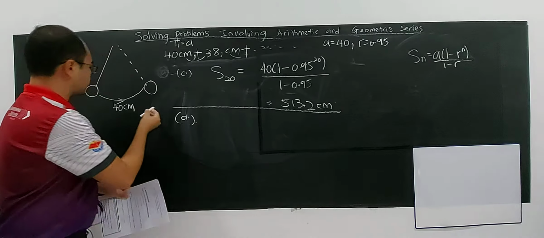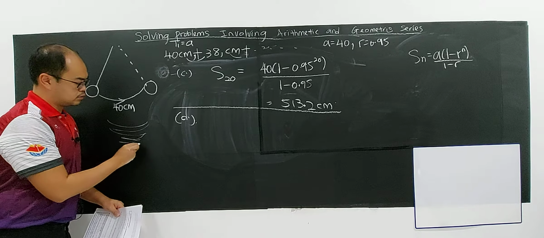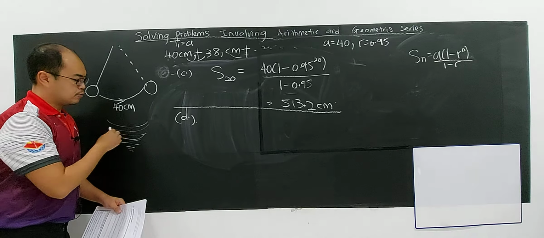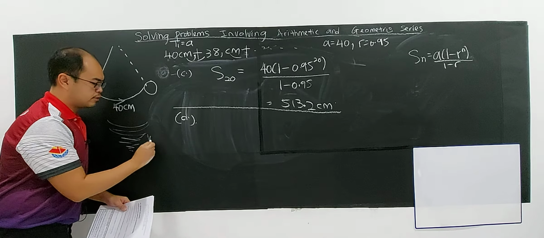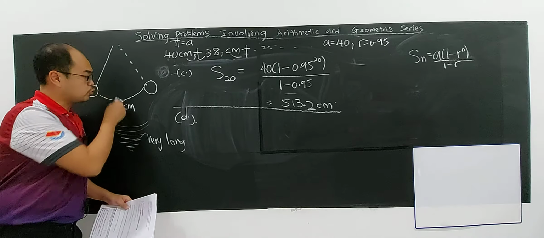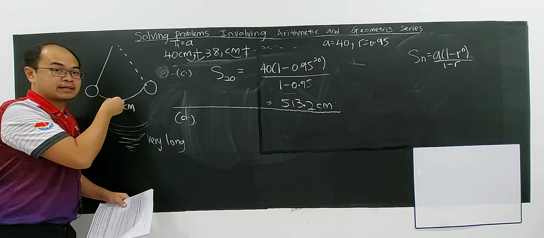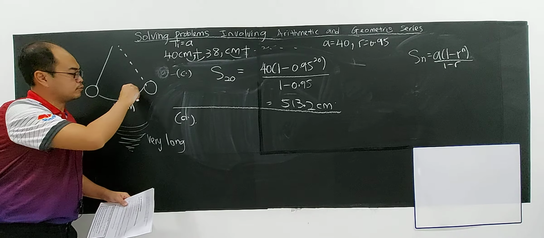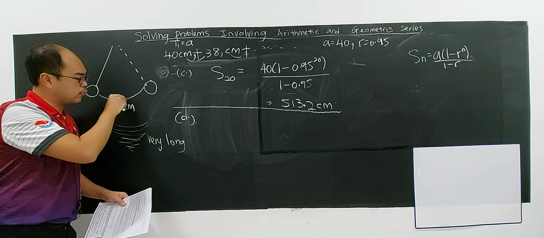For D, when will it stop? It means that it will keep swinging for a very long time. When people ask you when the pendulum will stop, you can't really calculate it. At first you can see clearly, but when the time goes very long, you won't know when it will stop.